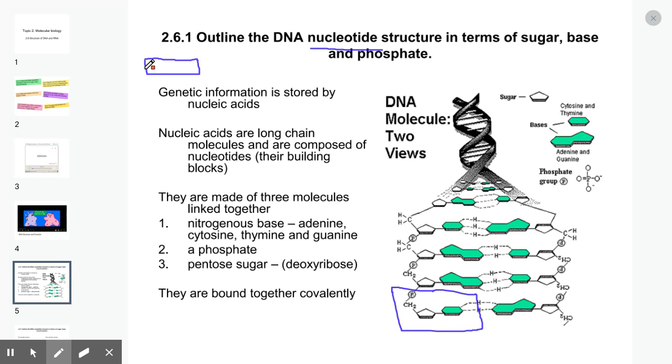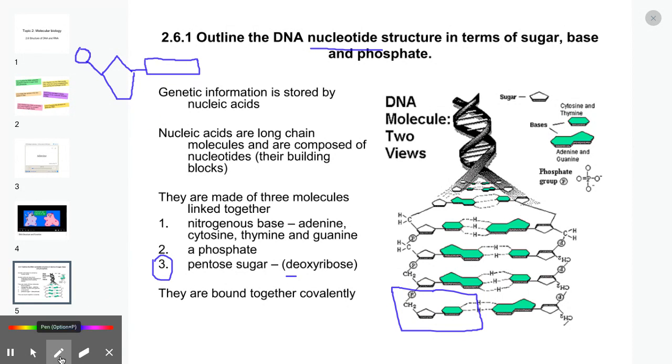And the nitrogenous base is covalently bonded to a pentose sugar. If you remember when we were talking about our sugars, they can be in the shape of a pentagon, not a very good pentagon, but okay. And we were talking about ribose, but in DNA, that's what the D stands for, the deoxyribose is our sugar. And then the last thing it's made of is a phosphate, and our phosphate is drawn as a circle.